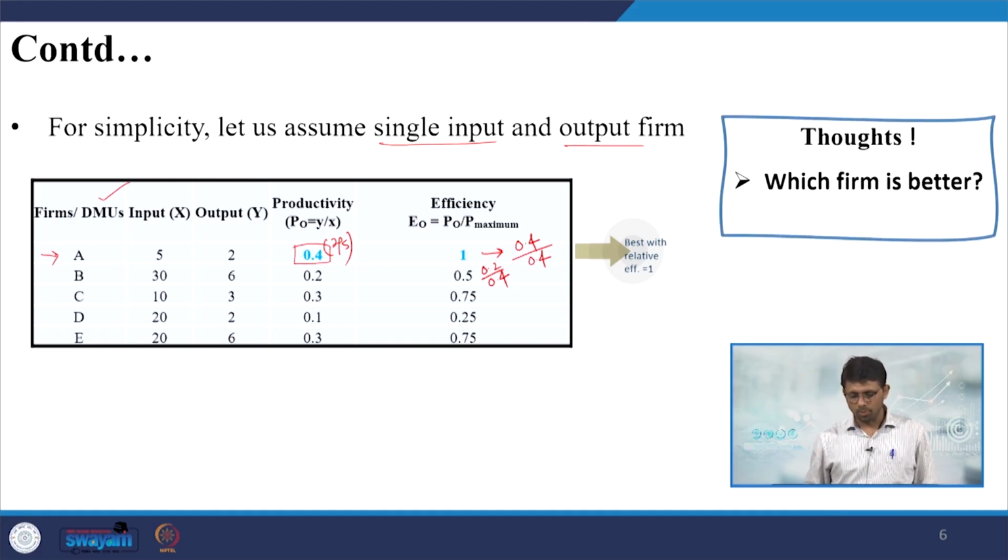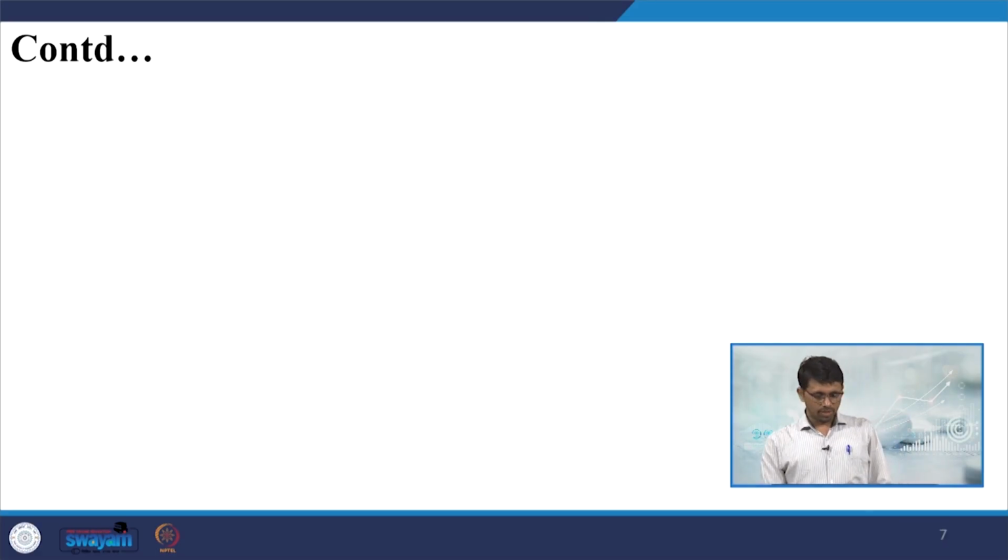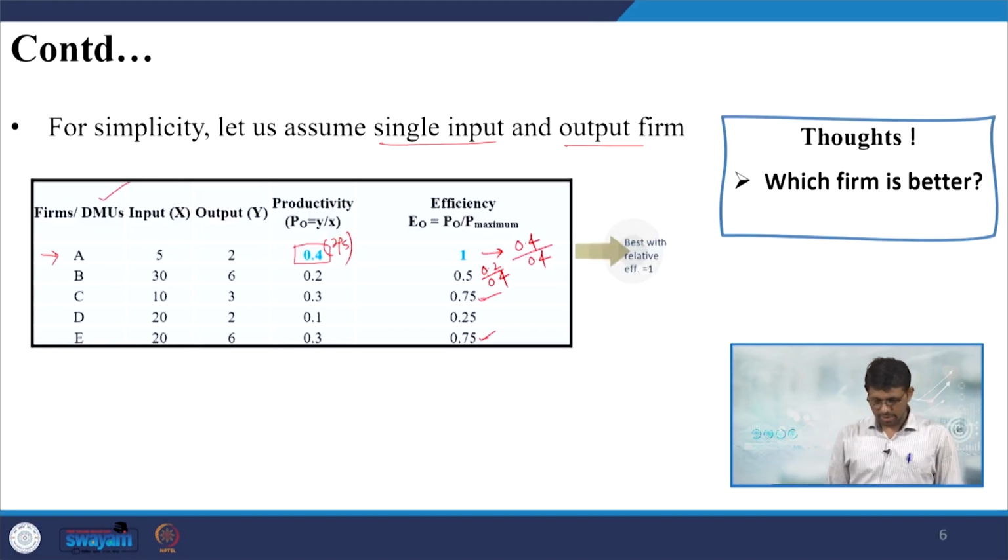Others are relatively less efficient, like 0.75 and another 0.2. Firm C is better than B, and firm E is better than D and B, etc. So the value of the efficiency score matters to compare whether they are efficient enough or not.